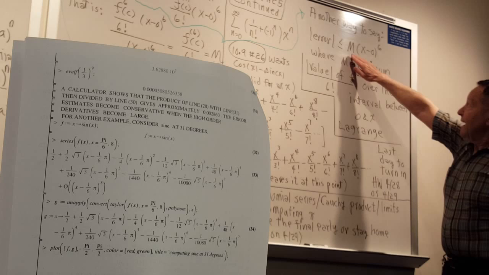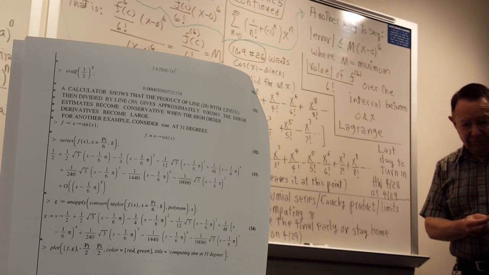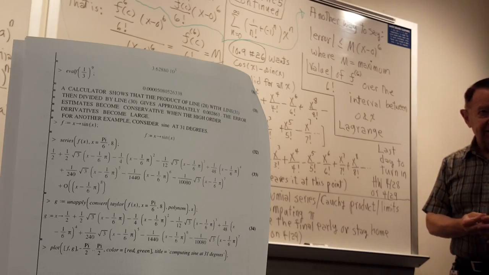So the M here would be the maximum the derivative could have.